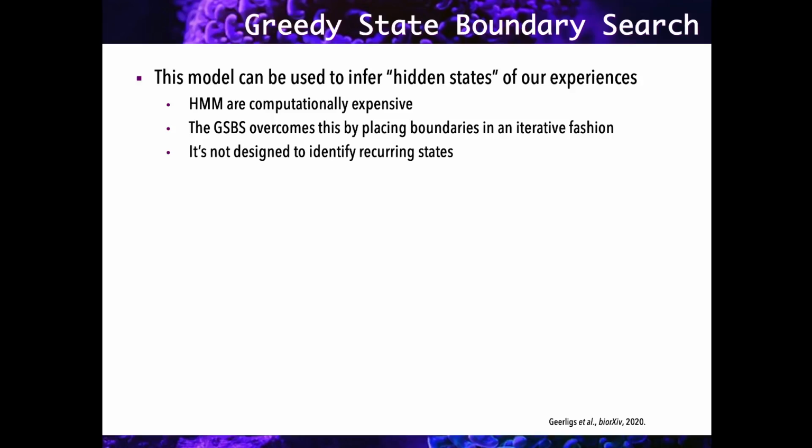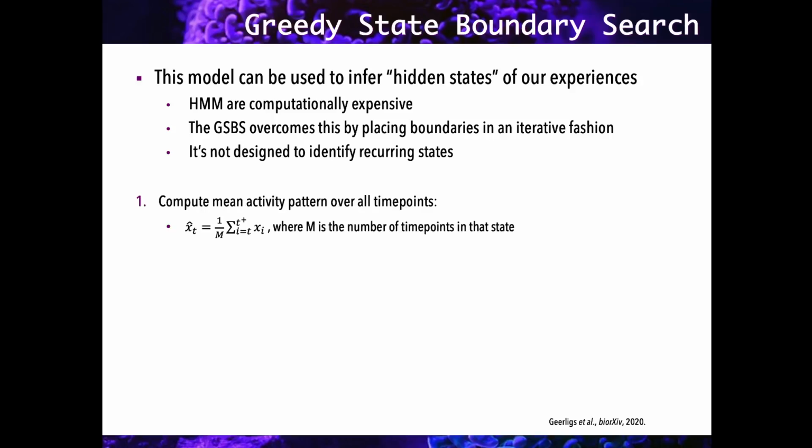So this model is actually pretty easy. We just go through these three main steps. So we start by computing the mean activity patterns over all time points. Here, m is the number of time points in the specific state that we are trying to infer.